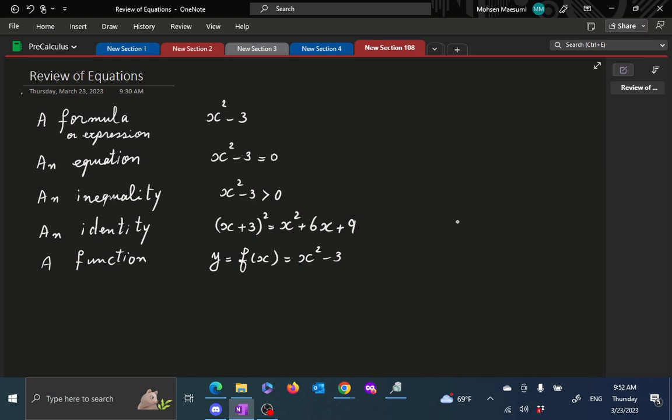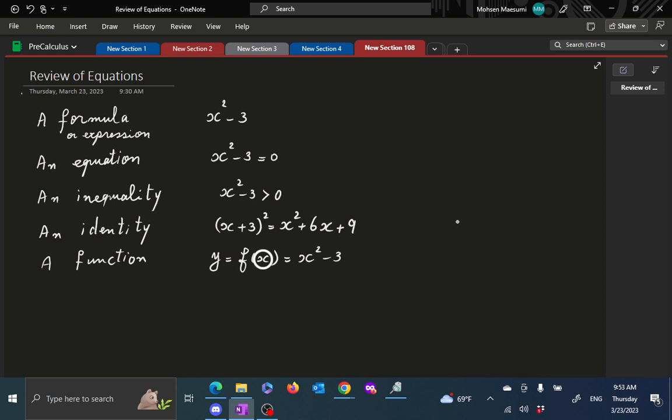Finally, a function. We have a function notation like y is equal to f of x. We have seen plenty of functions in this course, all the trig functions, exponential functions, logarithmic functions, polynomial, and so on. Here's an example of a function.